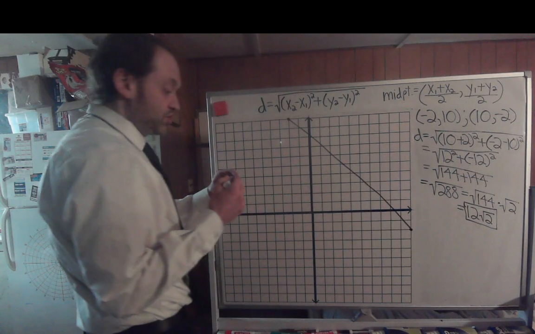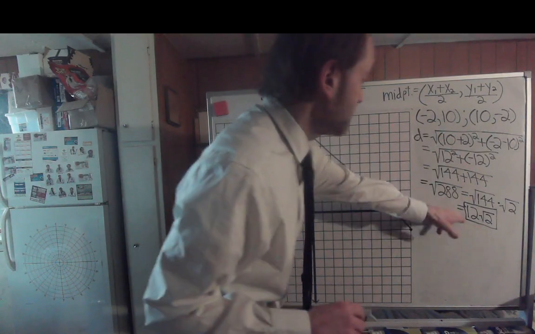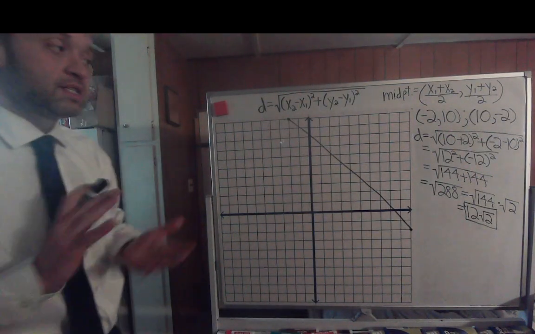So the distance between these 2 points would be 12 times the square root of 2 units.